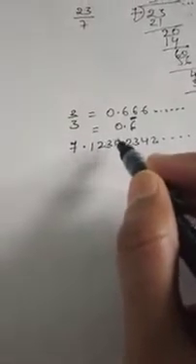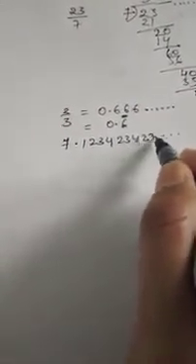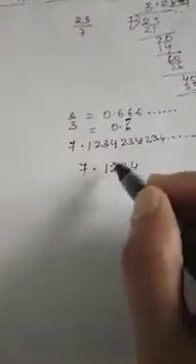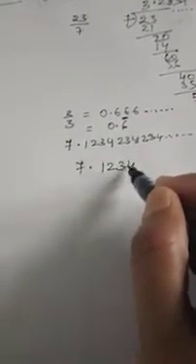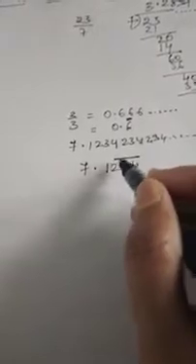One more example: 1.234234234. This 234 is repeating again and again. So we can write it like this: 1 2 3 4. So 1 is not repeating, only 2 3 4 is repeating. So the bar will be above 2 3 4.